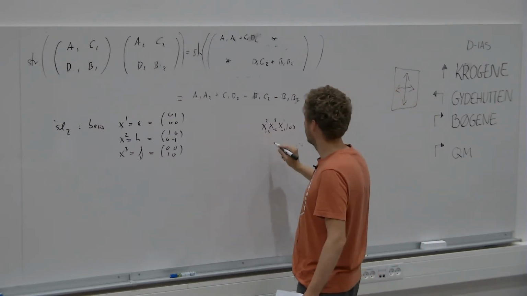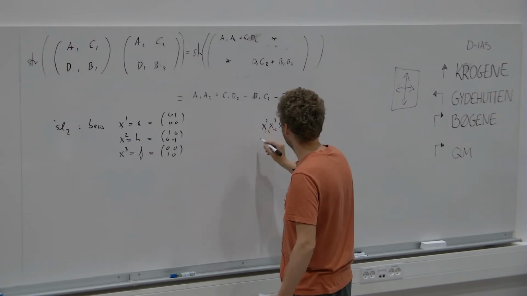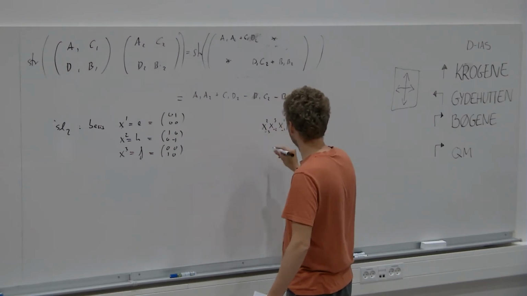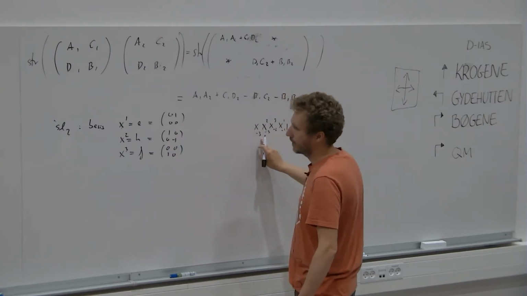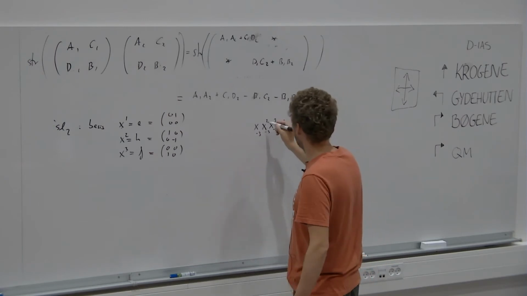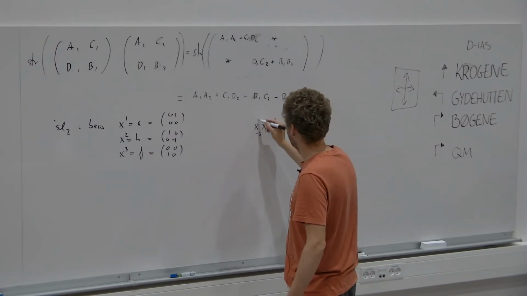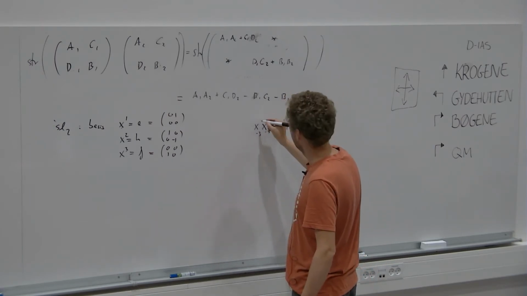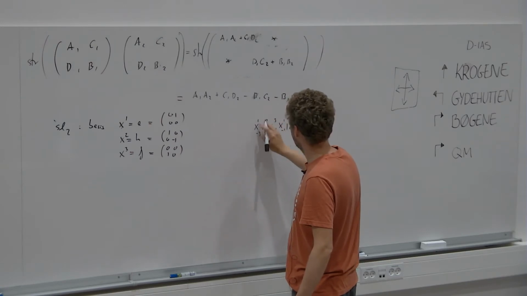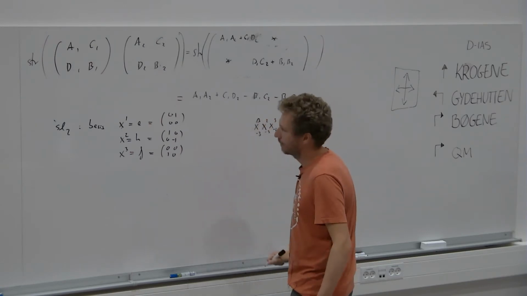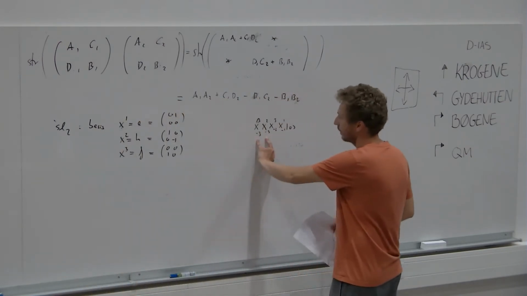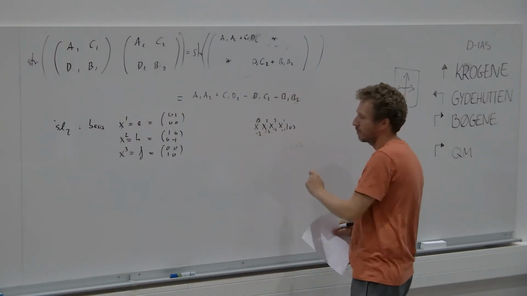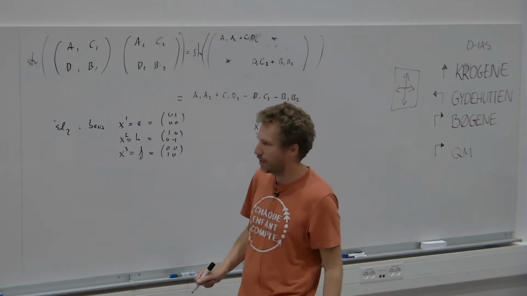But it could be that here I have another index with a minus 3, and I have the convention here that if two indices are the same, then the rightmost index is smaller than the left one.